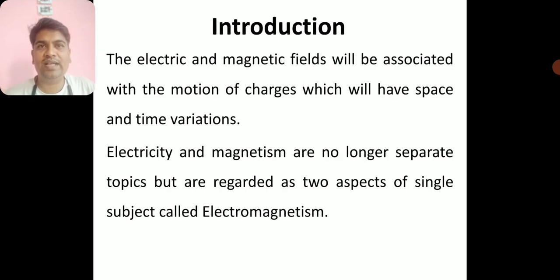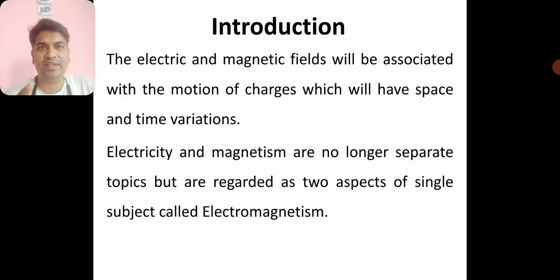They are popularly known as Maxwell's equations. Maxwell's equations are as important as Newton's laws of motion in mechanics. Here in electromagnetism, they are the very basic laws.